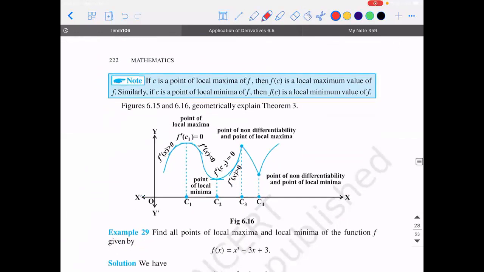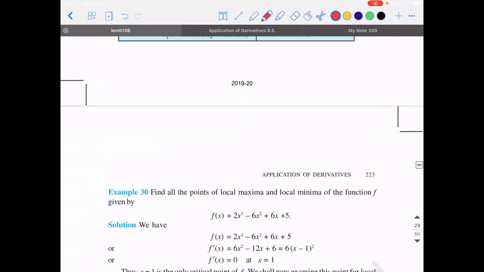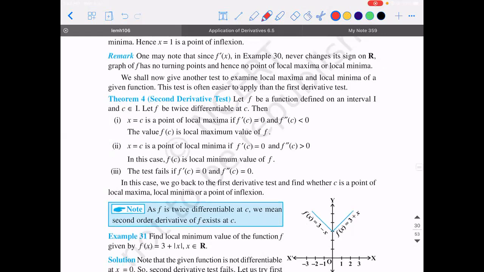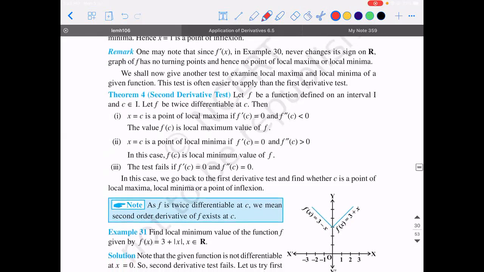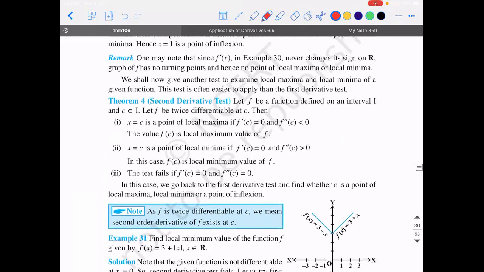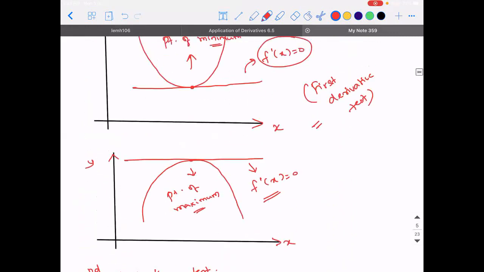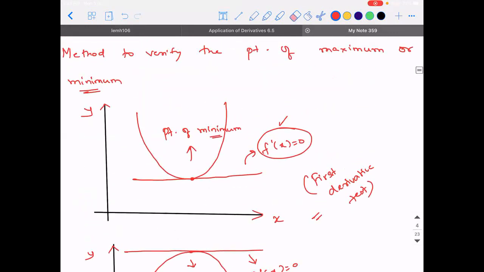Secondly, sorry guys, one small correction in what I told. This whole thing is called the second derivative test.